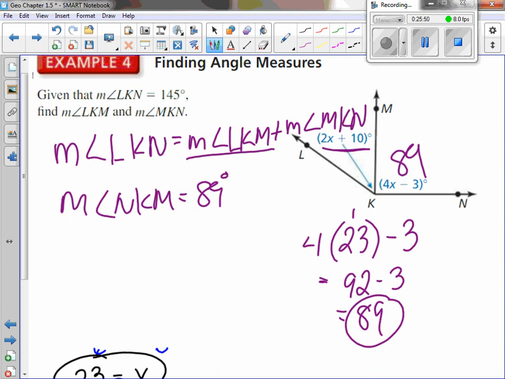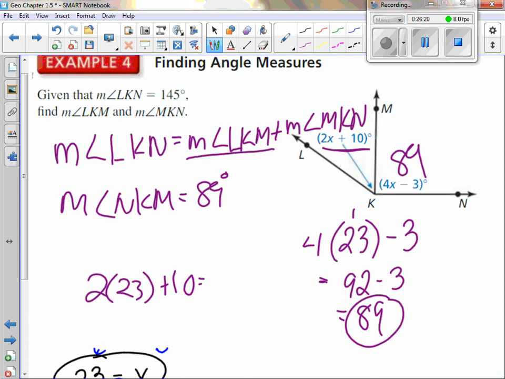Now, there are two ways we can go about finding the other angle. One of them is plugging it into 2x plus 10. But what did we say the whole angle was? 145. And we know one of them is 89. I can do 145 minus 89 to get the other answer. Or if we do 2 times 23 plus 10, that would also get it.